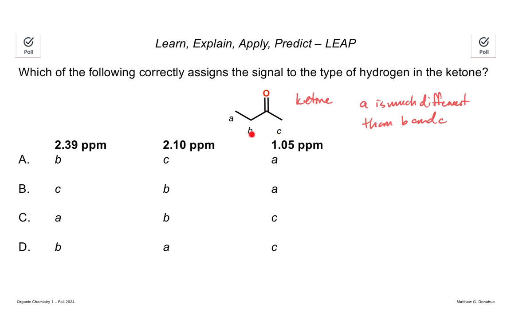So B and C should be more clustered towards one another than A. Even though A and C both look like methane, the substitution of that carbonyl is going to influence it more.